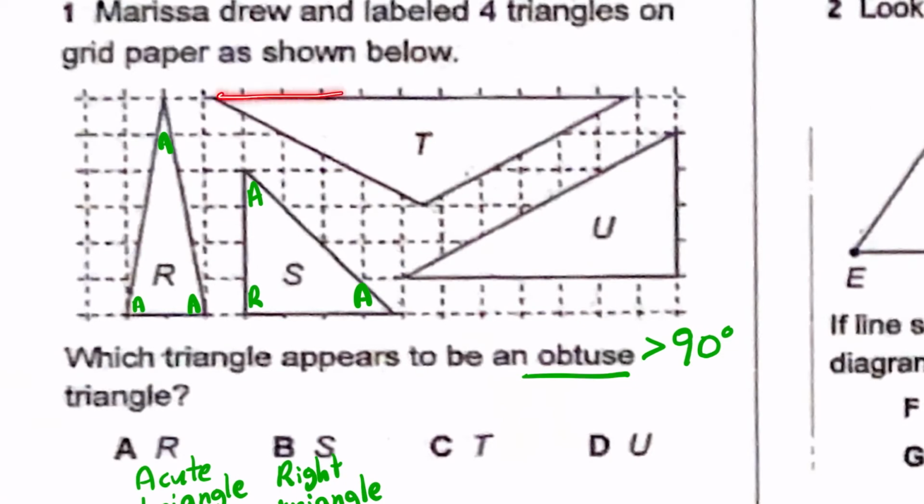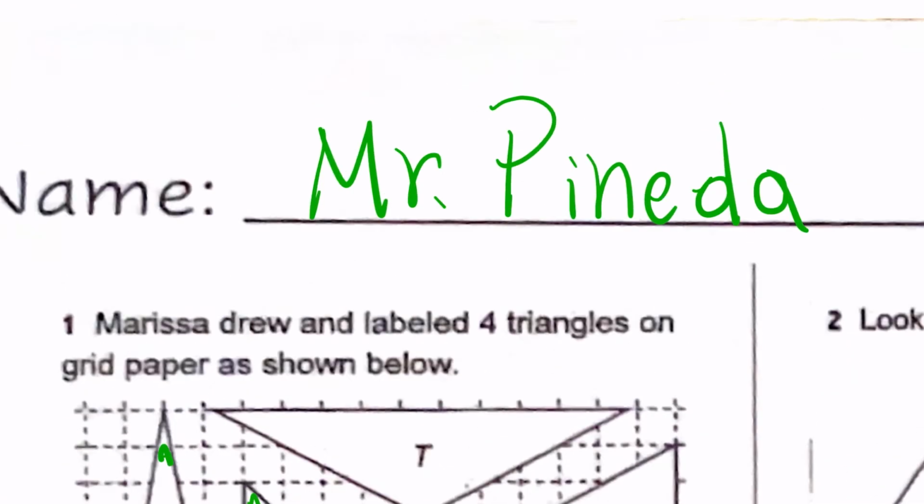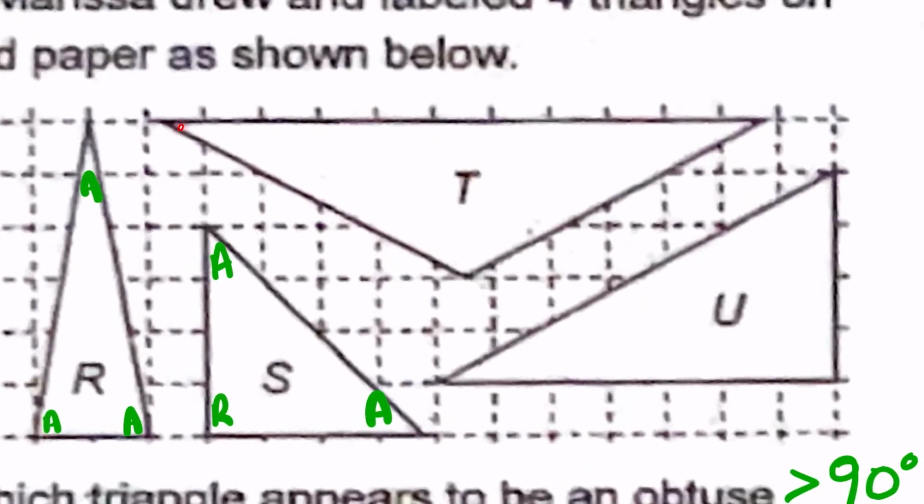If we look at the next one over here, this is triangle T. If you look at this angle over here, this should be acute. If you remember, acute means, if you remember this guy right here is leaning forward, so he is acute. If you look at this angle, this should be an obtuse angle.